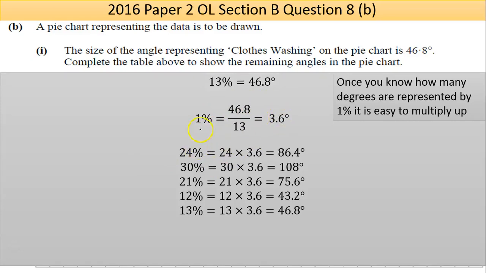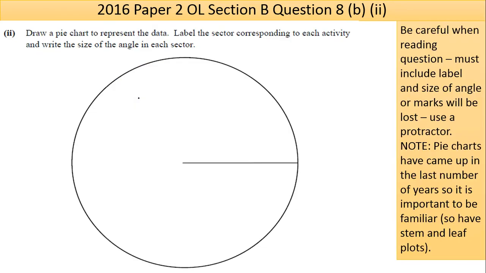So then 2% equals twice that. 24% equals 24 times that, which is 86.4. 30% equals 30 times your figure here, which is 108, etc. Okay, and then write them on the table. So it does say complete the table. I think, if I recall, there's a reduction of one step back in terms of marking for not doing it on the table. Okay, so that's part B, part 1.